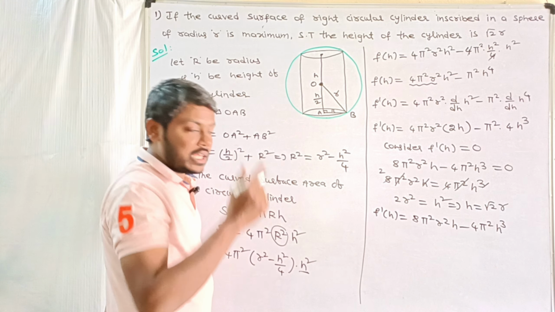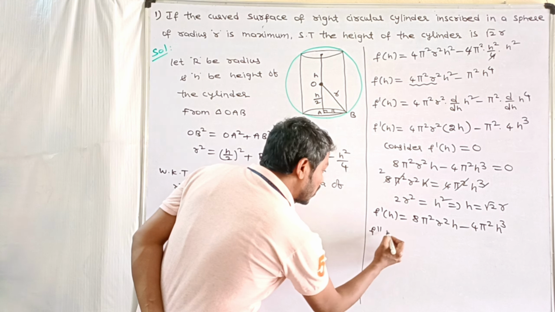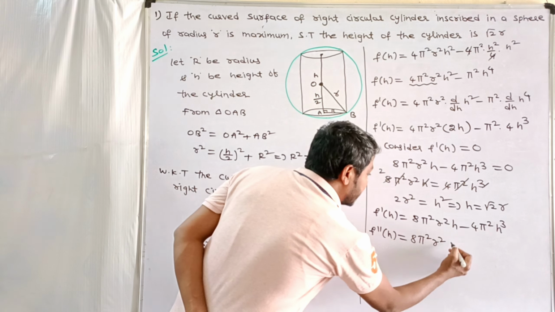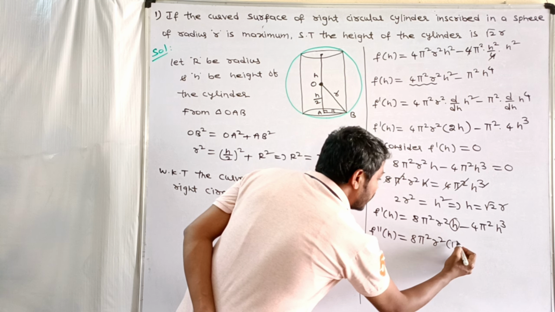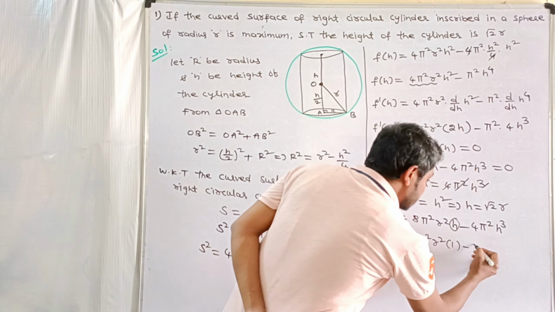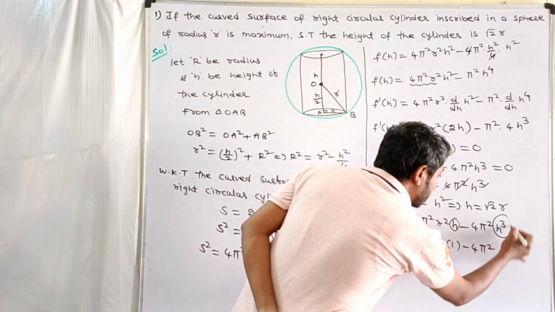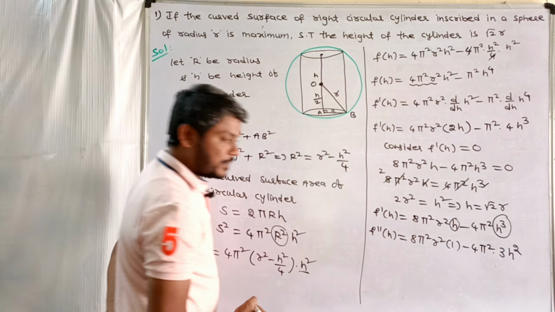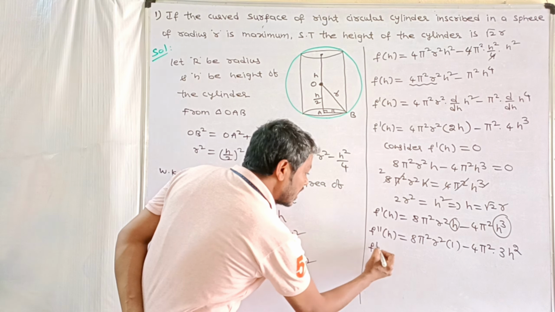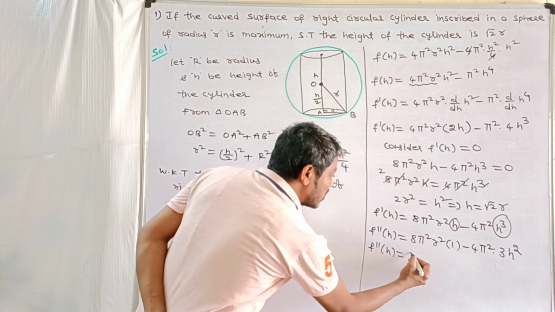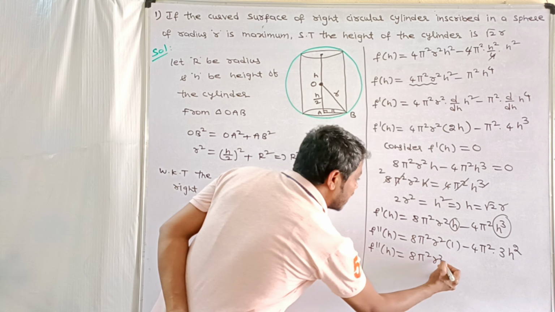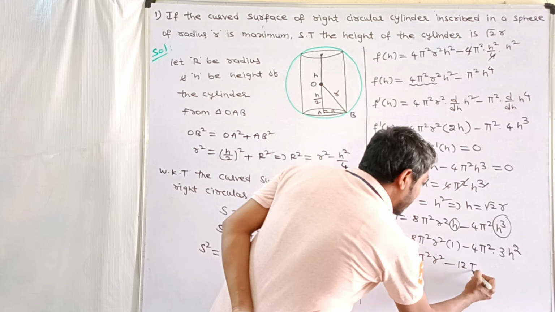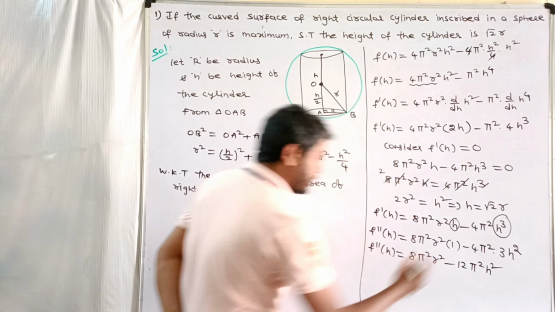To find the second derivative, f double dash of h is equal to 8π²r² into the derivative of h, which is 1, minus 4π² into the derivative of h³, 3 h power 3 minus 1, that is 2. So therefore f double dash of h is equal to 8π²r² minus 4 into 3, 12π²h².